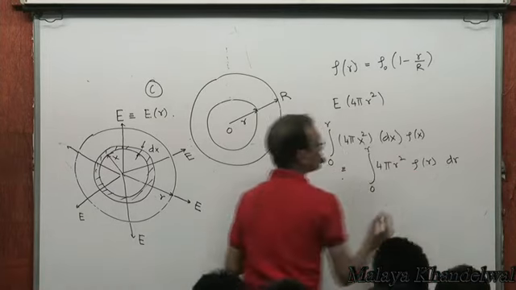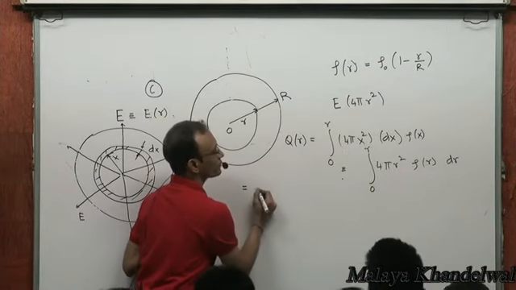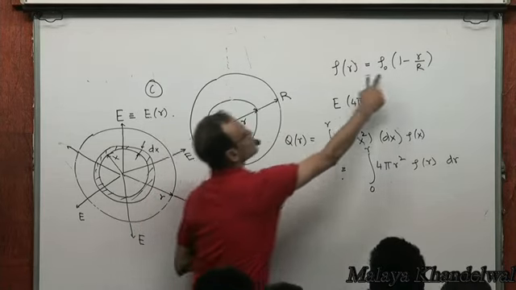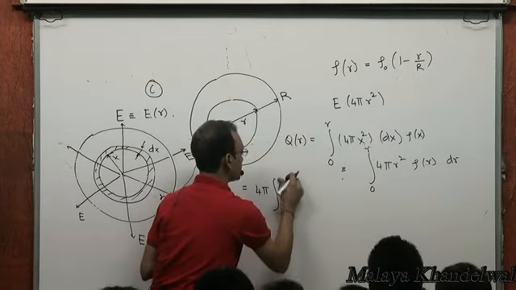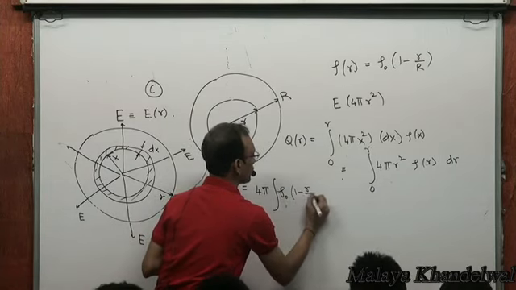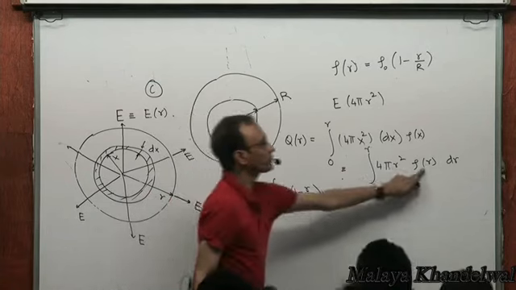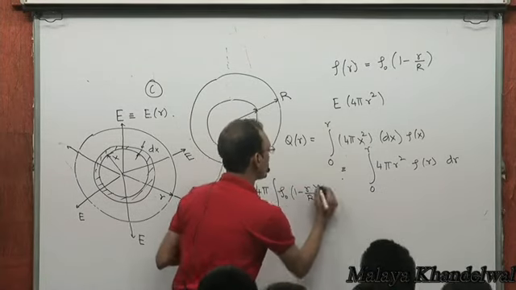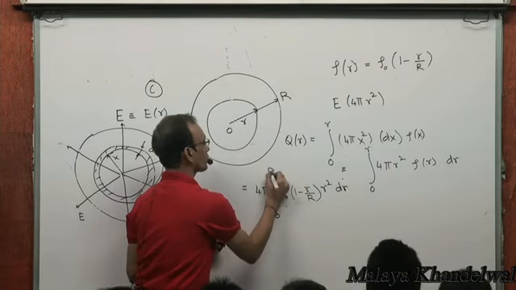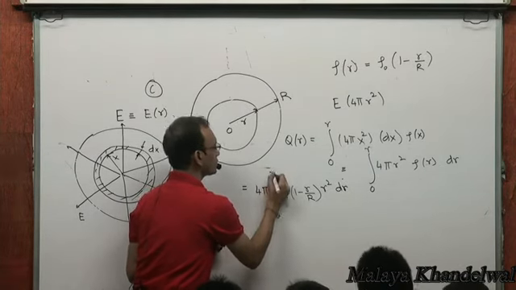So this turns out to be 4 pi integral of rho at r, which is rho naught into 1 minus small r by capital R, into r squared dr, from 0 to small r.